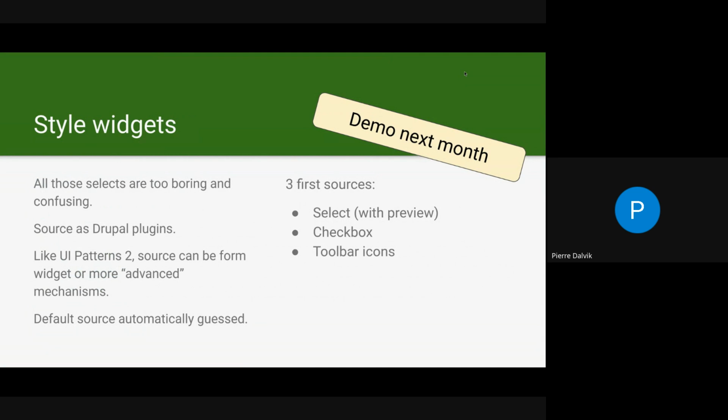But after a few iterations, we are now convinced we found the right way. We will provide by default 3 sources: a select list with preview, a checkbox, and toolbar icons. And those 3 sources will be automatically detected and guessed from the definition.